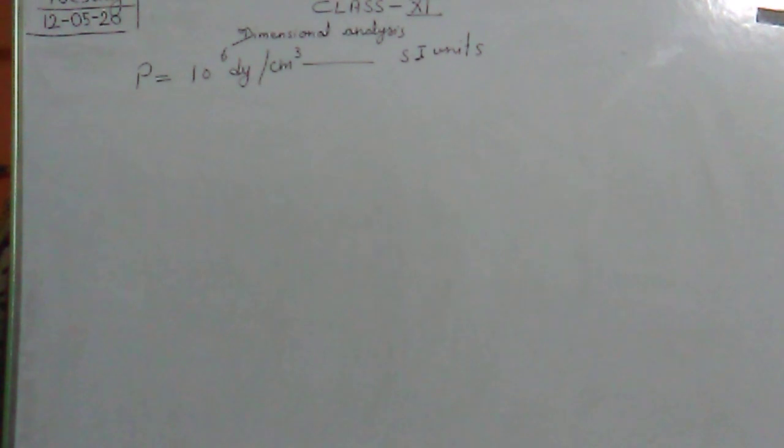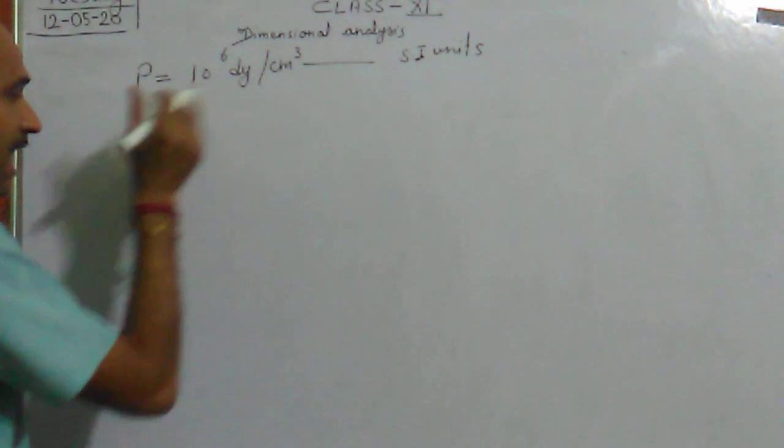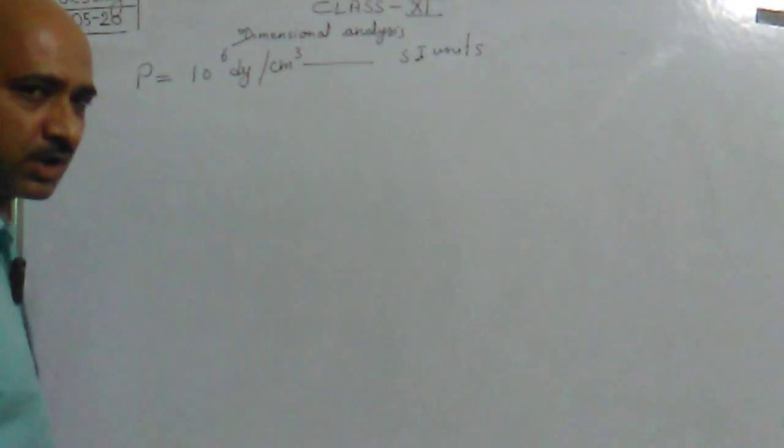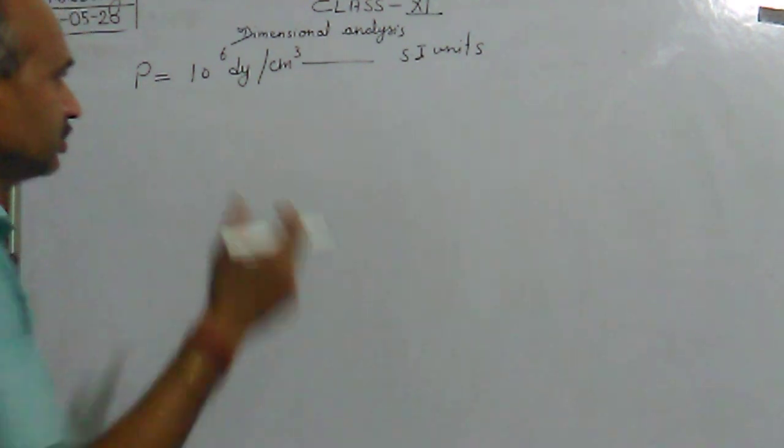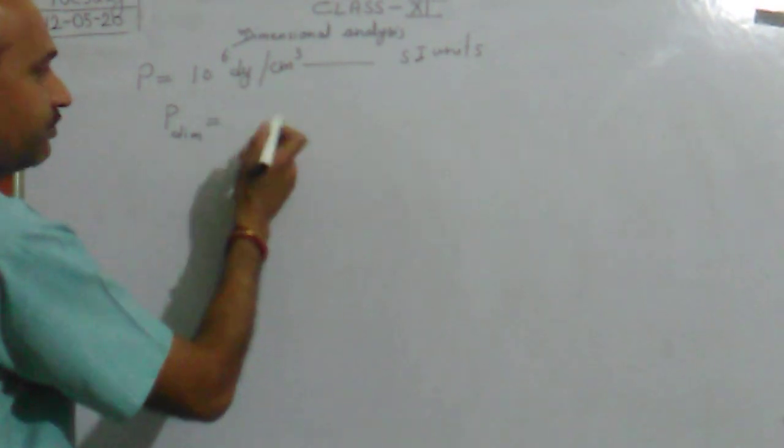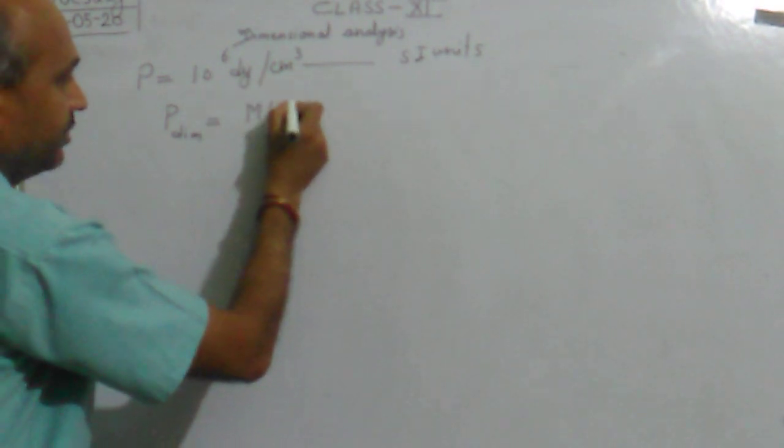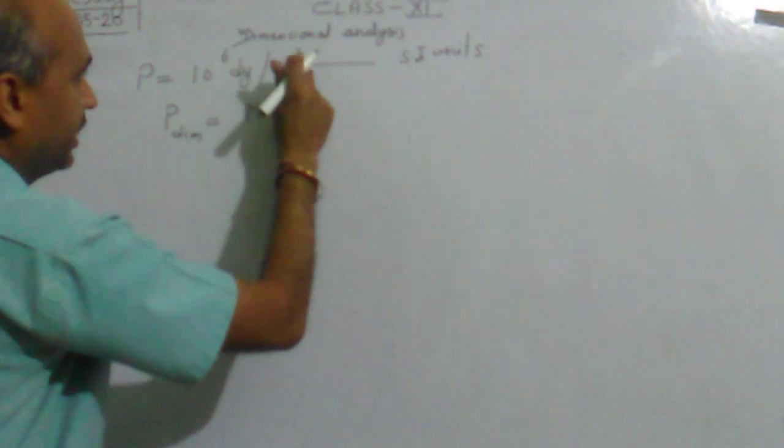Now first of all what we have to do? We have to find out the dimension of pressure. So जो physical quantity है हमारी वो क्या है? Pressure है. So pressure की dimension पहले निकालते हैं. Pressure is force upon area. यहाँ पे भी देख के पता चल रहा है force की dimension क्या है? M L T^-2 and area की dimension क्या है?